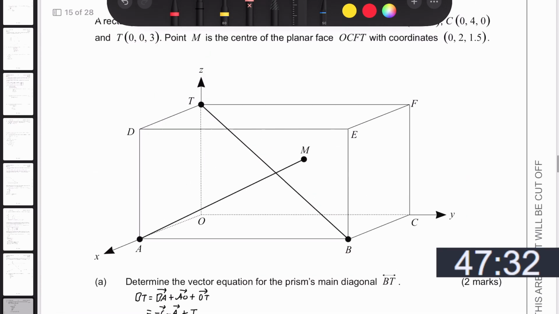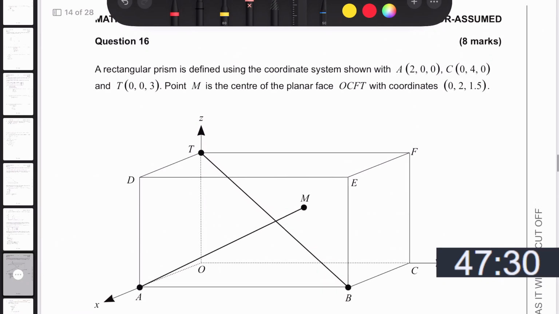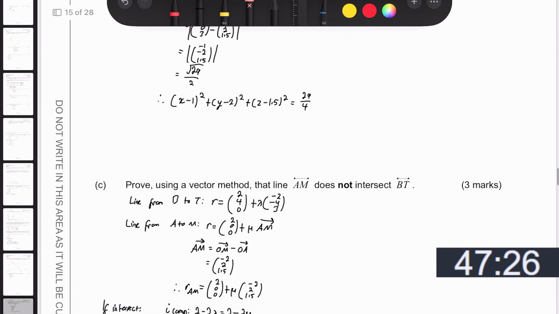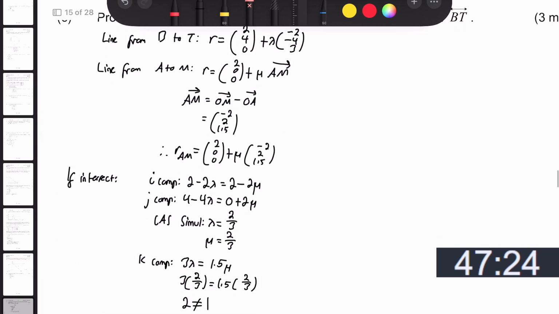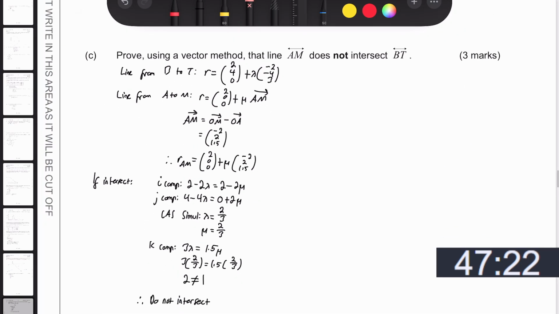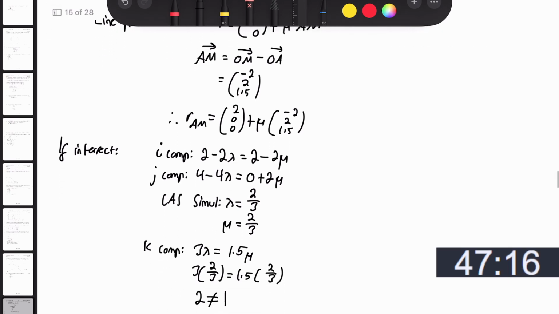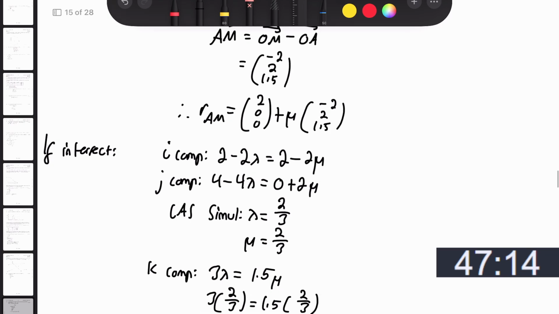Oh, AM is going to be negative 2, negative 2, 2, 1.5. Okay, so then 2 minus 2 lambda, 4 minus 4 lambda, 2 minus 2 mu, 2 mu, 3 times 2 on 3, and 1.5 times 2 divided by 3.